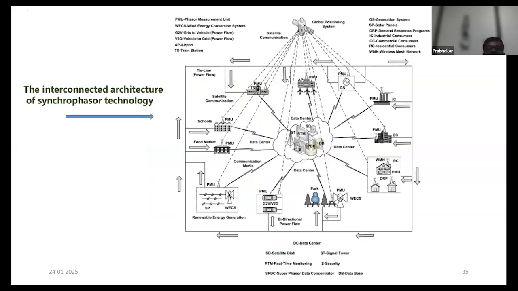You can see the interconnected architecture, where there are different PMUs. This will help you to understand the role of PMUs and what things you can do: tie line power flow from satellite communication, where PMU is also there, the same PMU you can see here, then the power market and renewable energy generation. So there are interdisciplinary activities which can be interconnected for this synchrophasor technology.